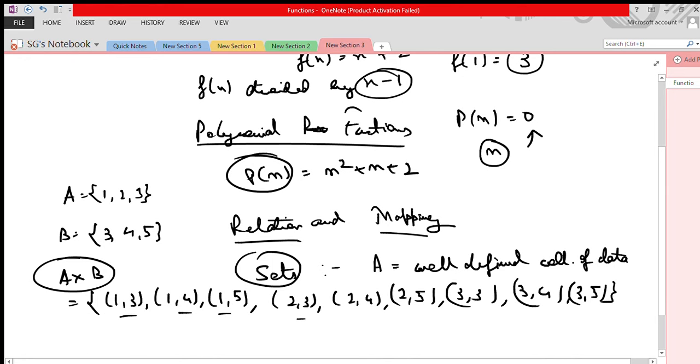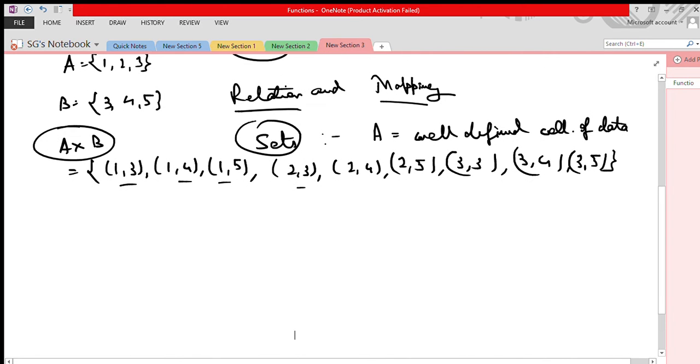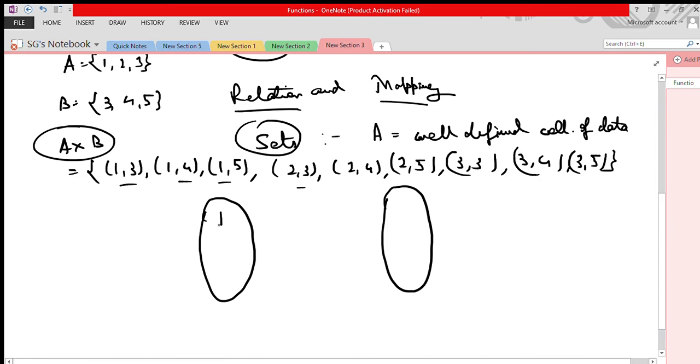Clear? Now, what is a mapping? Suppose this represents the set A and this represents the set B. So let this be 1, 2, 3. Let this be 3, 4, and 5.